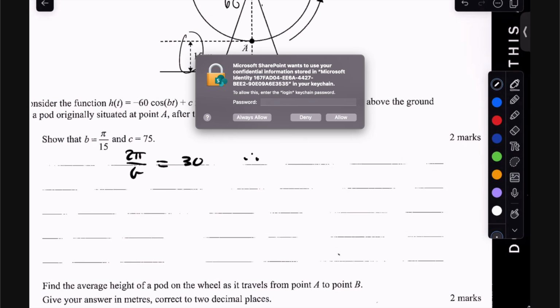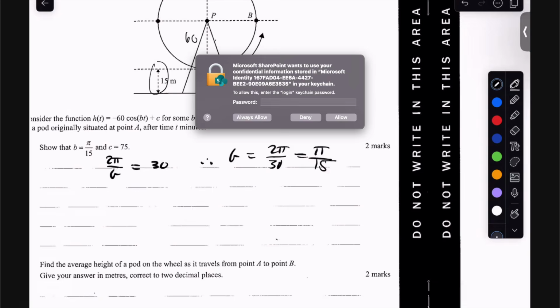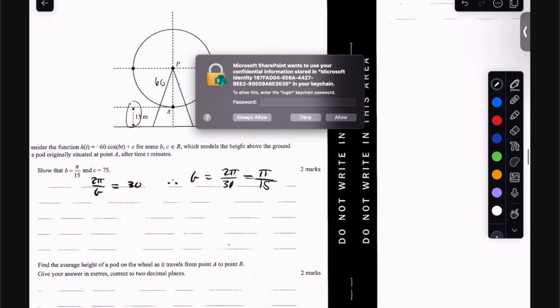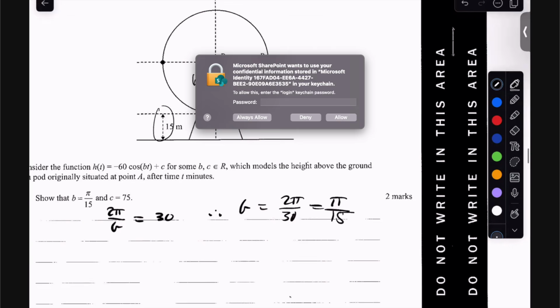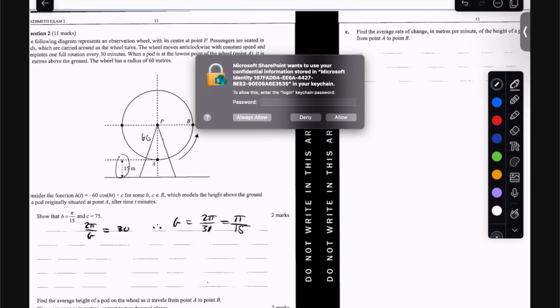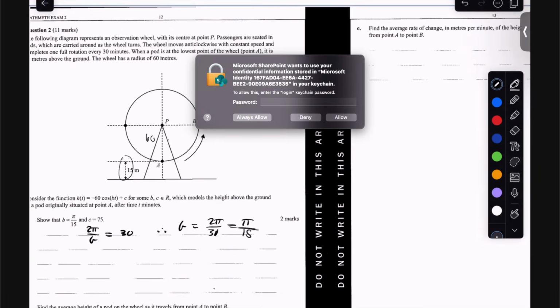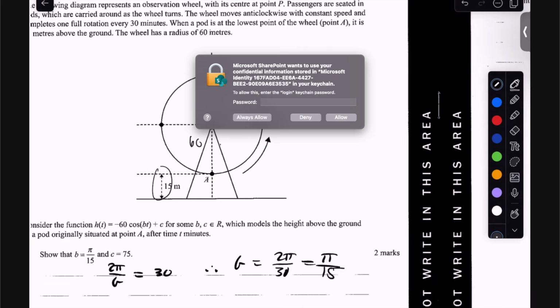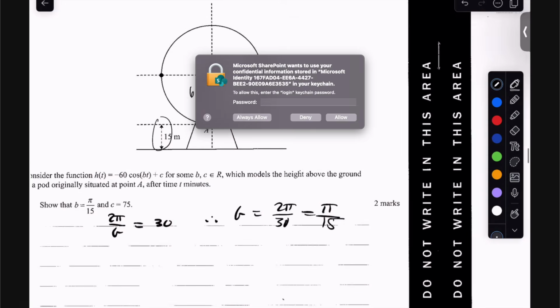That means b is equal to 2 pi on 30, which is pi on 15. Now, where does it start? At A, when it's at its lowest point, it's 15 meters. So the lowest point is 15 meters.